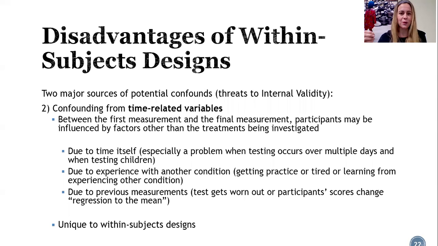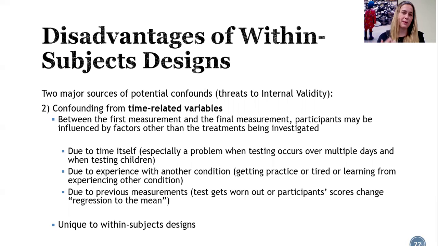You know, if we test your performance on quiet music on a Monday and your performance when you're listening to loud music on a Friday, well, your scores on a Monday might just be crappy because it's a Monday and nobody likes Mondays, and your scores on Friday might be better because you're just feeling good on a Friday.